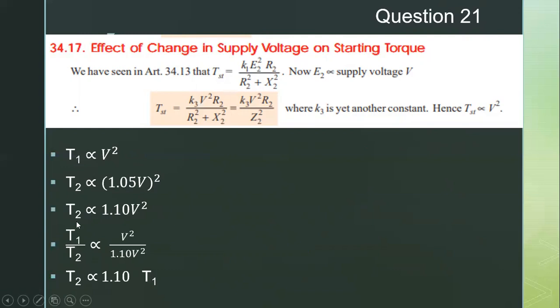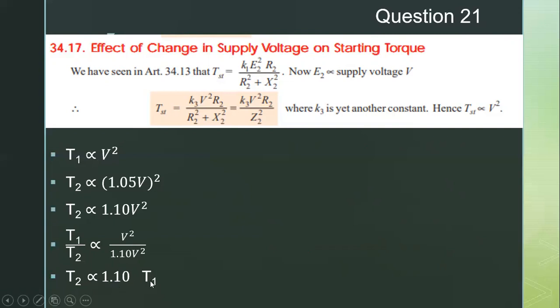When you take the ratio, T1 divided by T2 is equal to V square divided by 1.10 V square. So V square cancels, and T2 is proportional to T1 into 1.10.